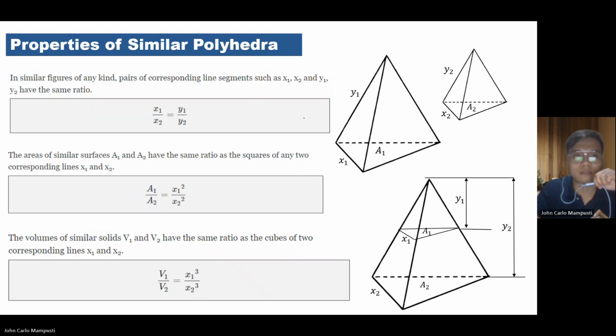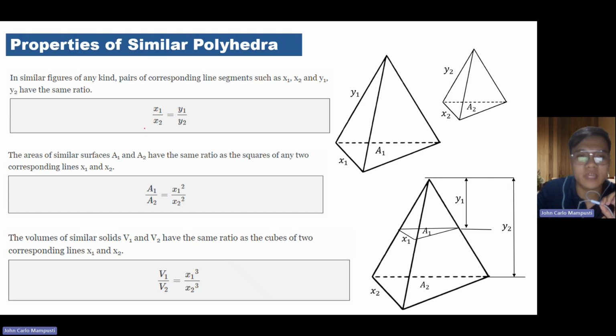Okay. So we also have properties of similar polyhedra. So in similar figure of any kind, pairs of corresponding line segments such as x sub 1, x sub 2, and y sub 1, y sub 2 have the same ratio. So as you can see, we have x sub 1 over x sub 2.